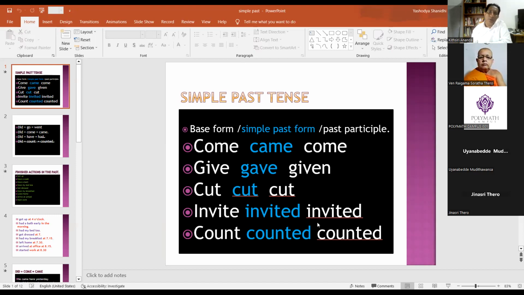The middle one, came, gave, cut, invited, likewise. The middle one is the simple past form. That is what we usually use in the simple past tense. This middle form is used only in the simple past tense. We don't see it used in any other tenses.